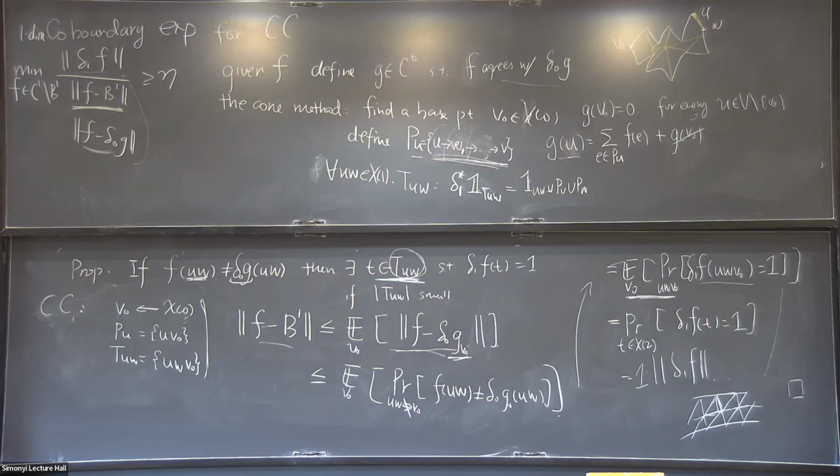Oh, actually, no, you can. To get anything from the cone method, you need constant diameter if you want constant coboundary expansion, because to have a small number of triangles you need these paths to be really, really short. So I guess that you can.